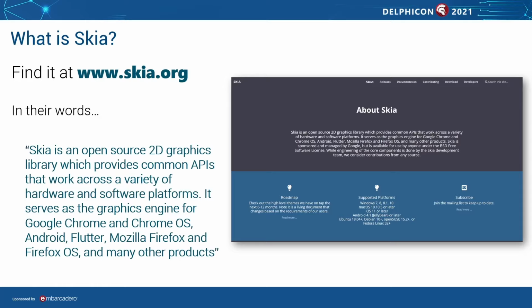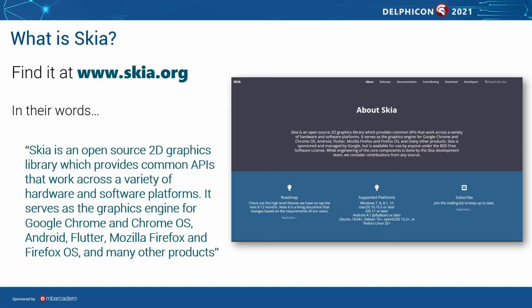And as it says here, it's an open source 2D graphics library, which provides common APIs that work across a variety of hardware and software platforms. It serves as the graphics engine for Google Chrome, and Chromium, and also Chrome OS. So if you've got one of these Chromebooks, in fact, I use a Chromebook quite a lot, 10 hours battery life from a Chromebook, pretty impressive.